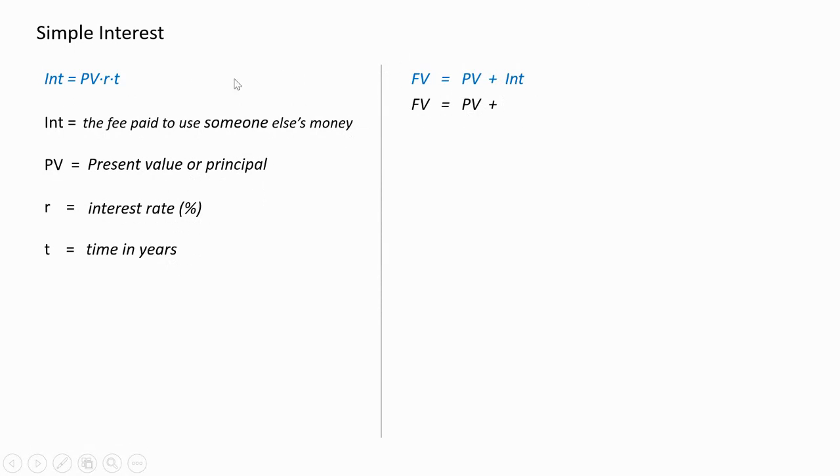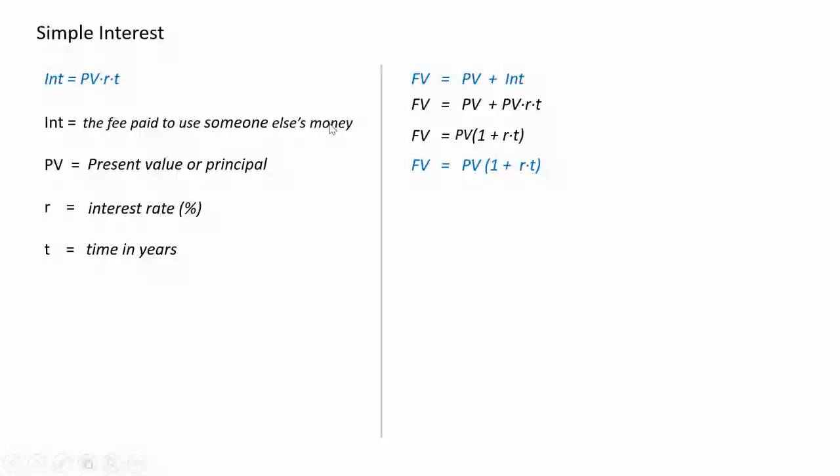What was the interest? The interest was PV RT. Now I'm going to factor out the PV, the present value, because that's what they have in common. So what's left? 1 plus RT. So this is the other formula that's being used in this section.